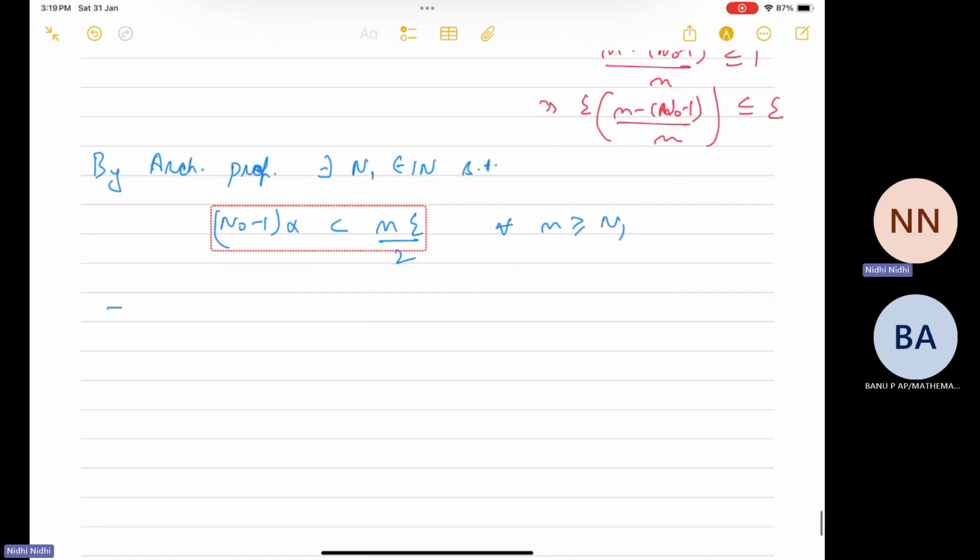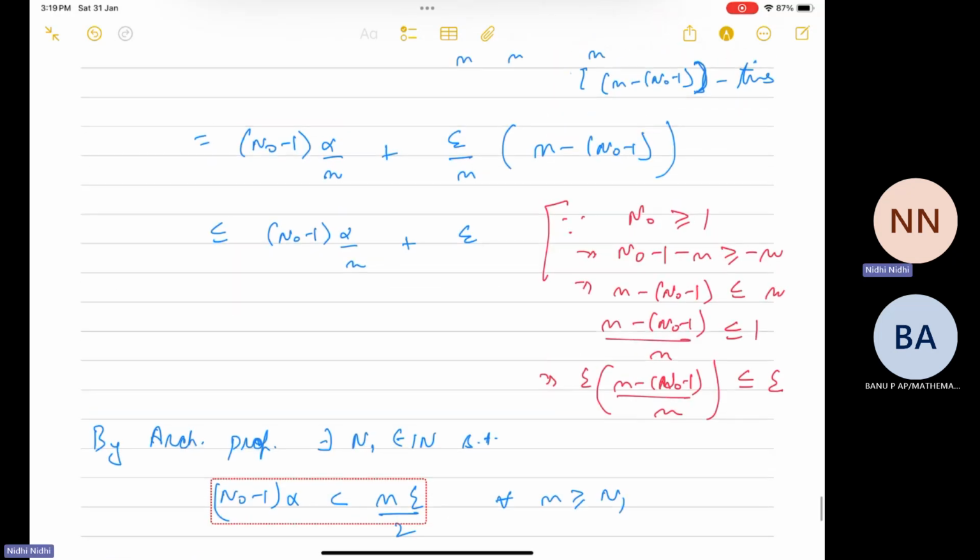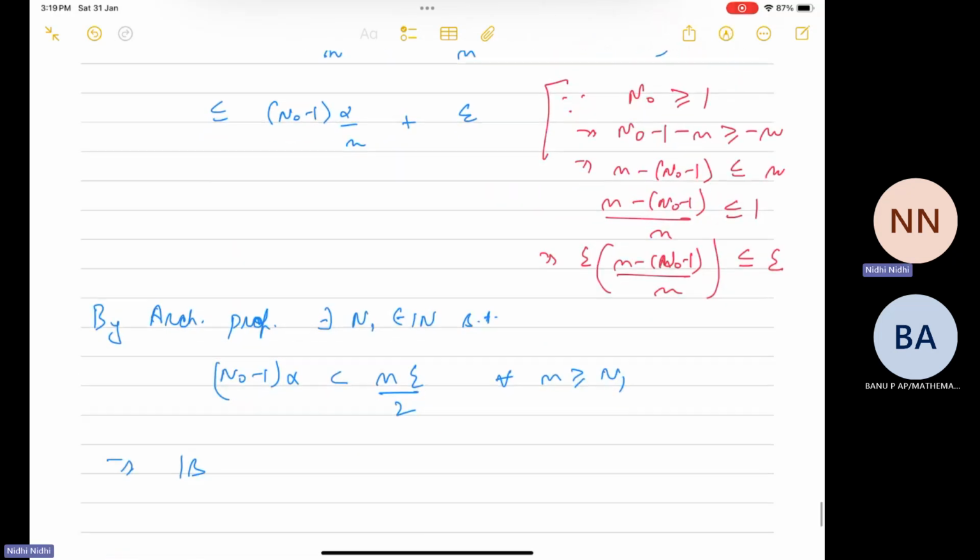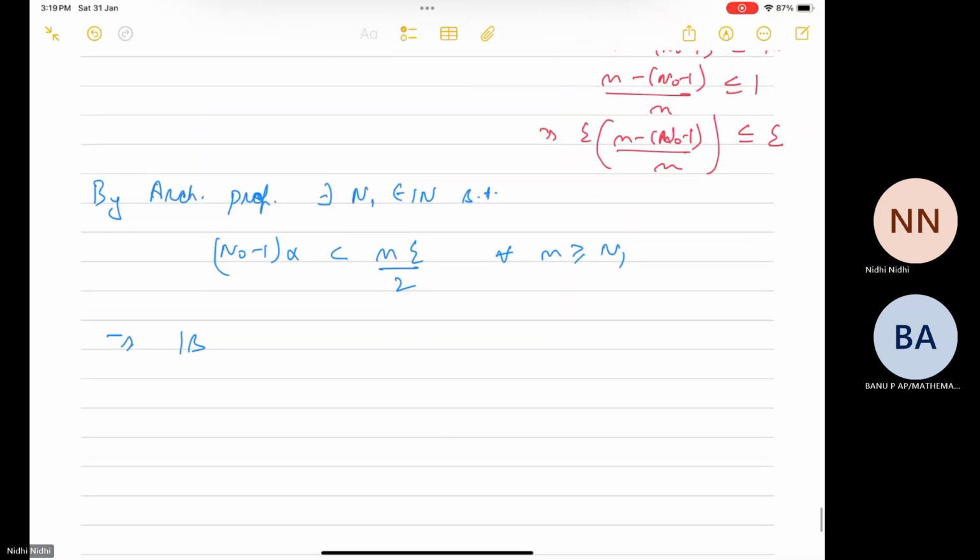So that will give us mod Sn minus a is less than epsilon by 2 for all n greater than or equal to maximum of n naught, n1.